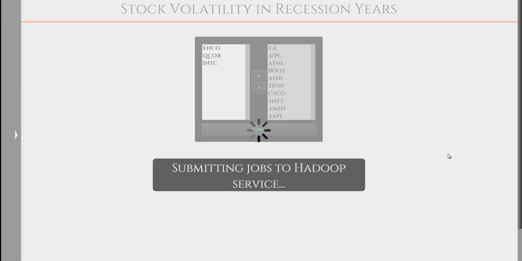This Hadoop job will analyze the large 30-year market dataset and will calculate average volatilities of only our chosen stocks in recent recession years. From an integration perspective, this Rails app is communicating via REST APIs to a Hadoop cluster that was provisioned via the BlueMix MapReduce service.